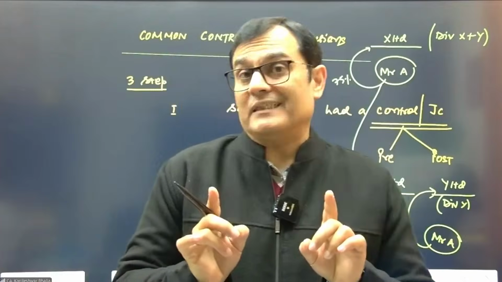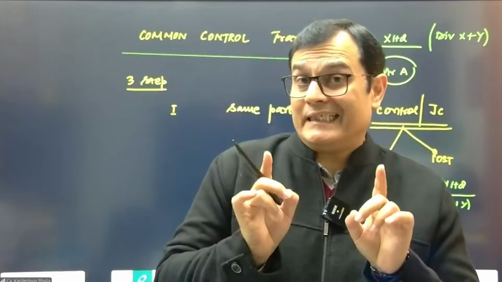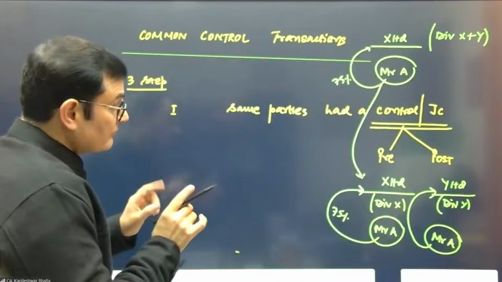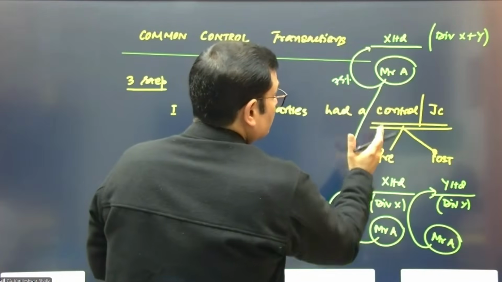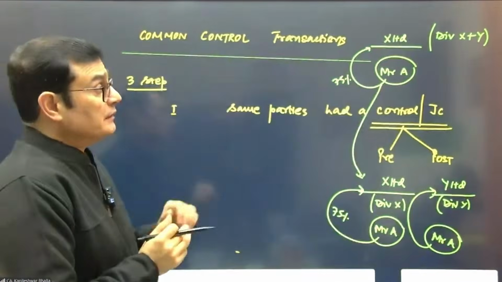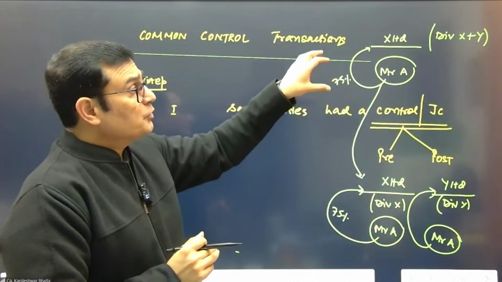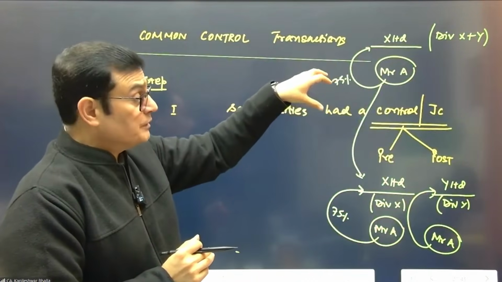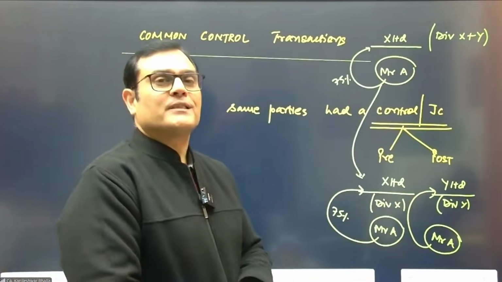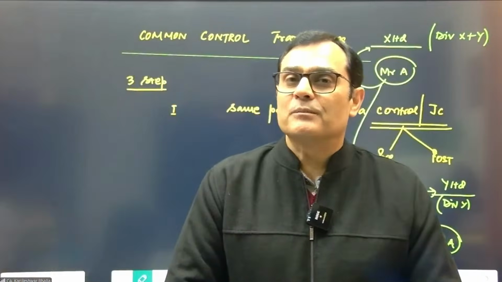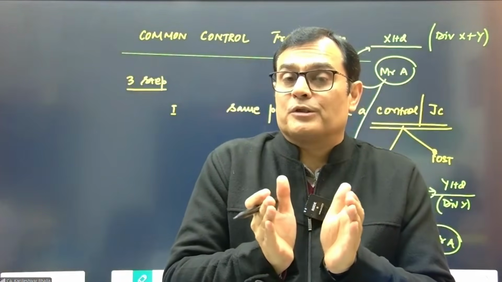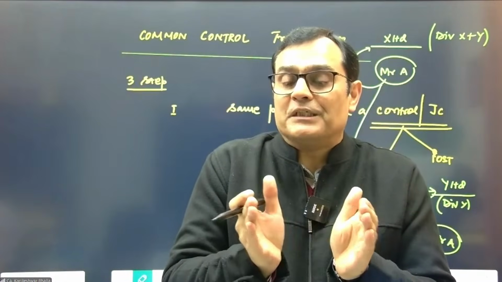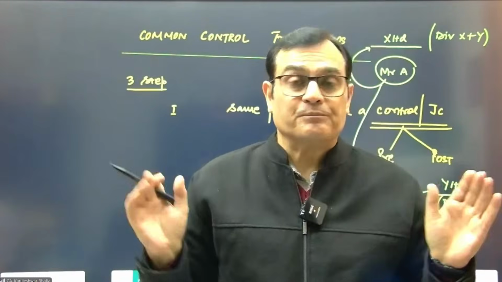What you need to prove in terms of common control in step number 1 is that the same parties had control pre-business combination and post-business combination. So Mr. A had control over X before the business combination, and Mr. A also has control over X and Y post the business combination. The same parties have control over both the old and the new companies, pre and post business combination.